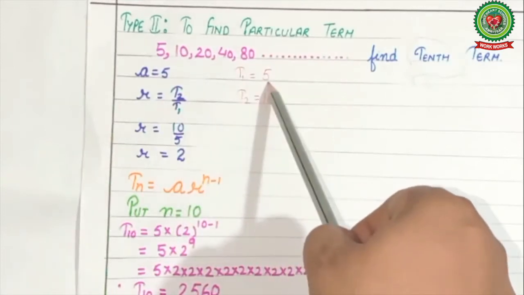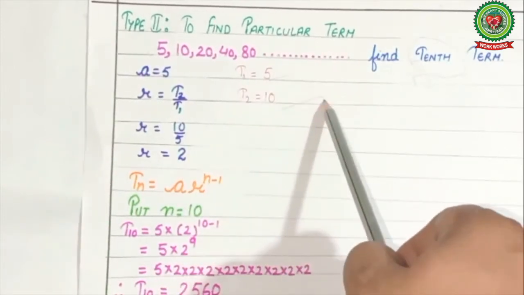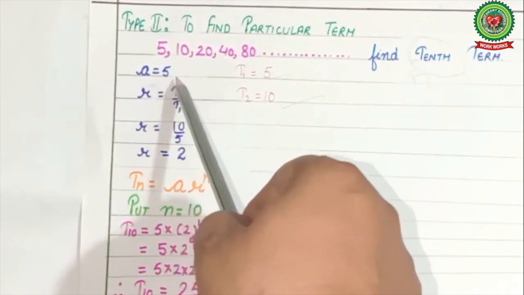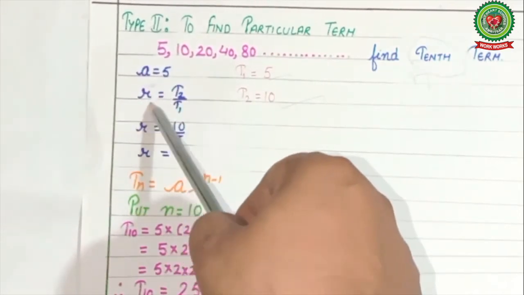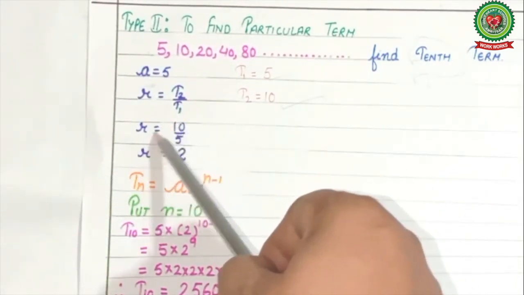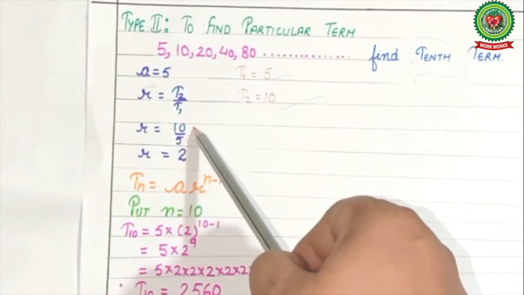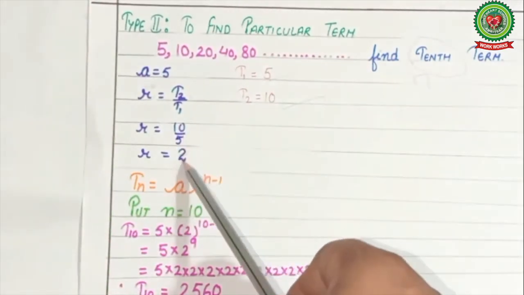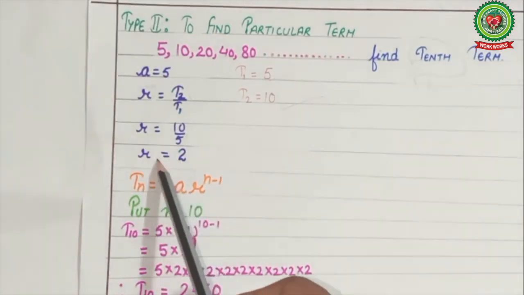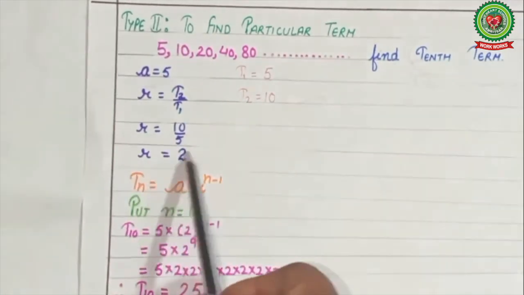The first term is 5 and the second term is 10. A represents the first term. You can write 5. So ratio is equal to second term upon first term. Fill in the values of the second term and the first term, that is 10 upon 5. Do the cancelling. Ratio is equal to 2.